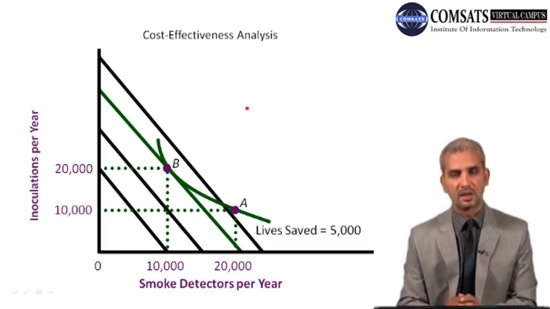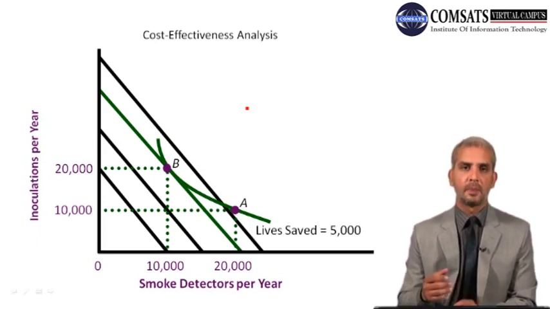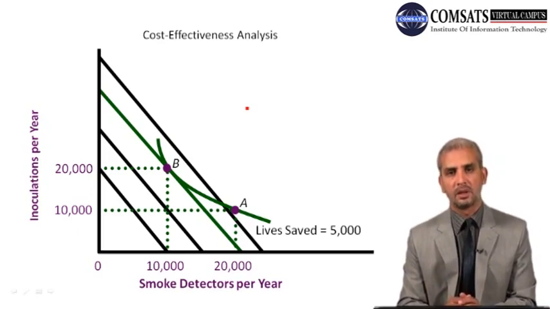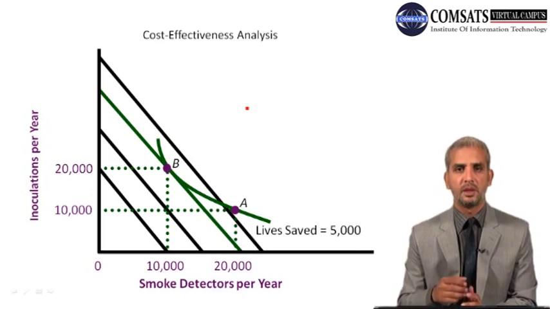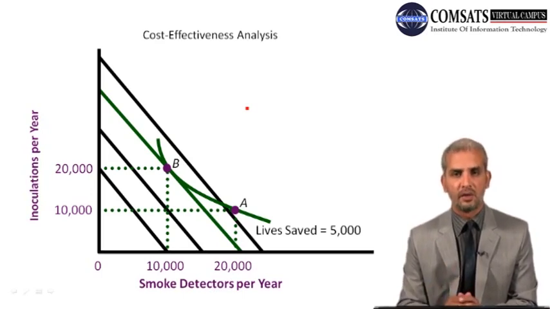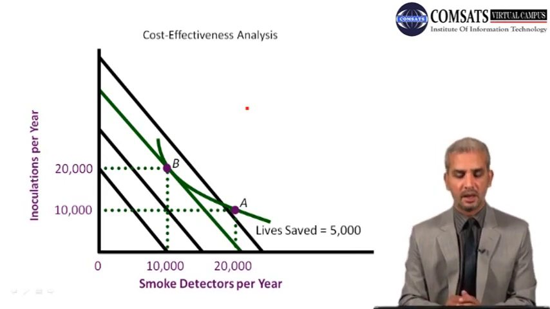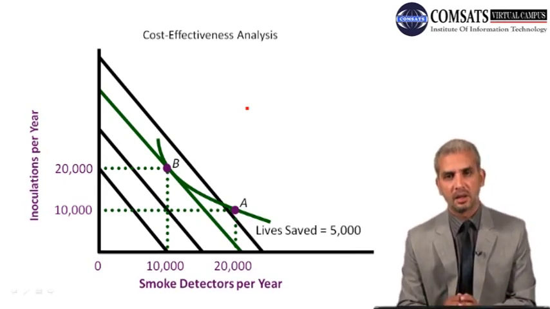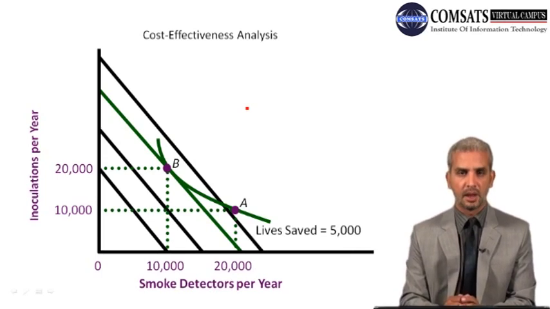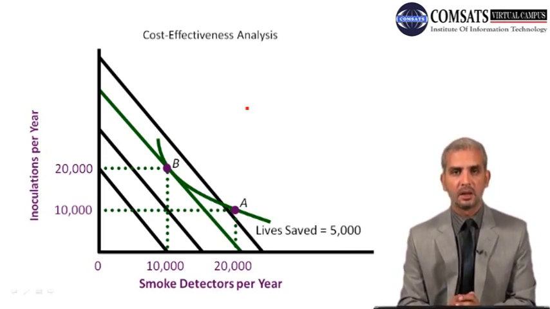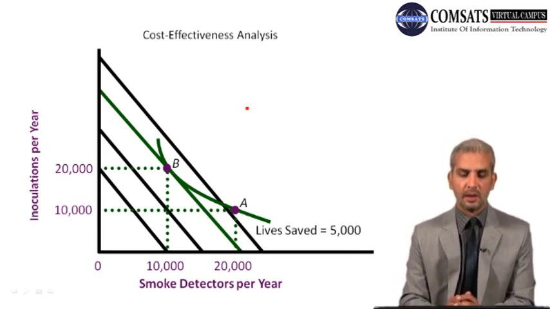The aim of this cost effectiveness analysis is to find the minimum cost method of achieving that objective. And we can see through this graph that point B represents minimum cost, and that was achieved only by grouping these programs of various agencies together.